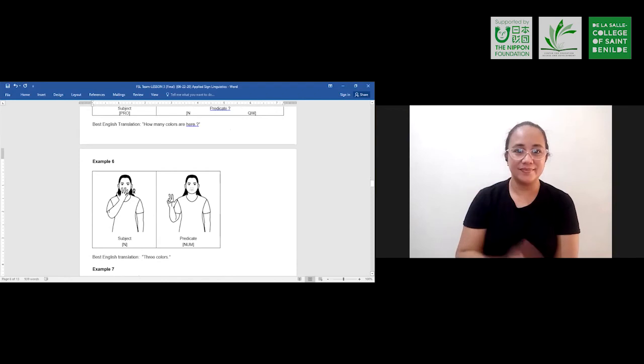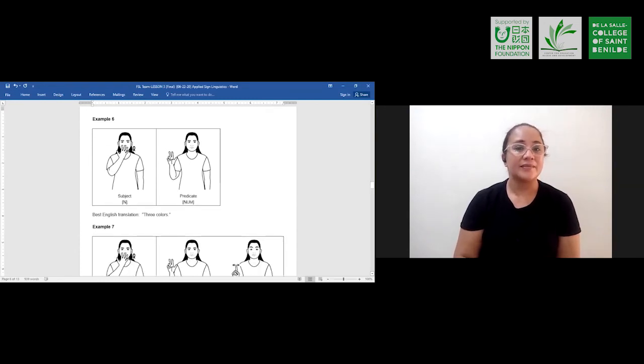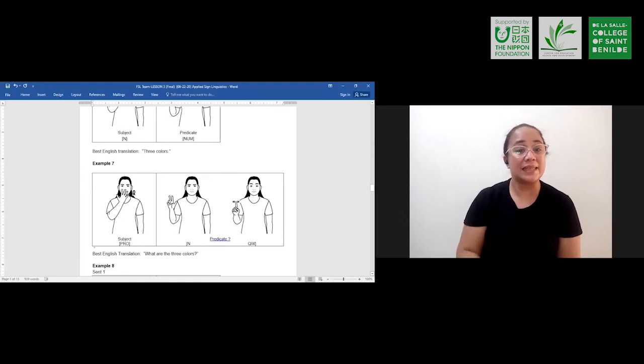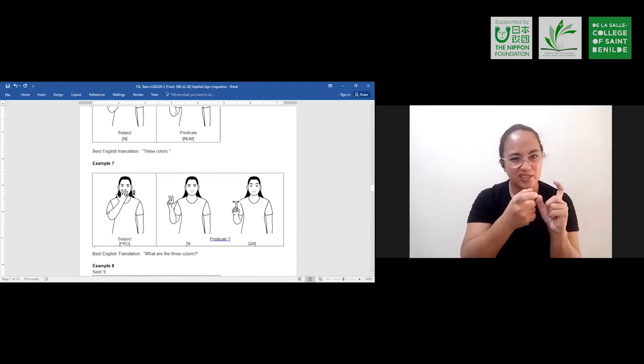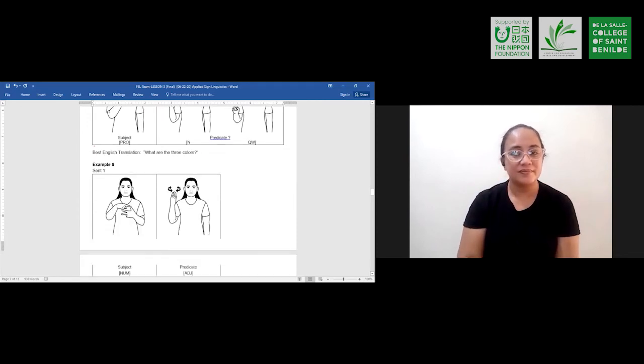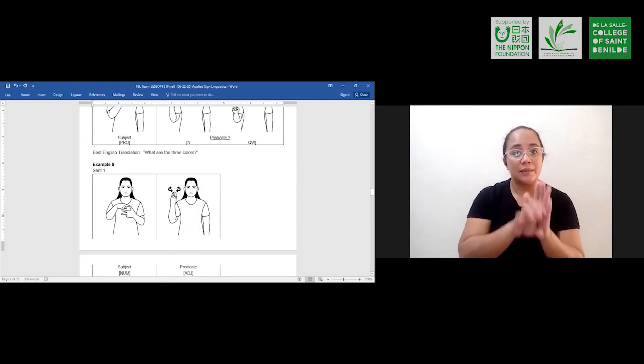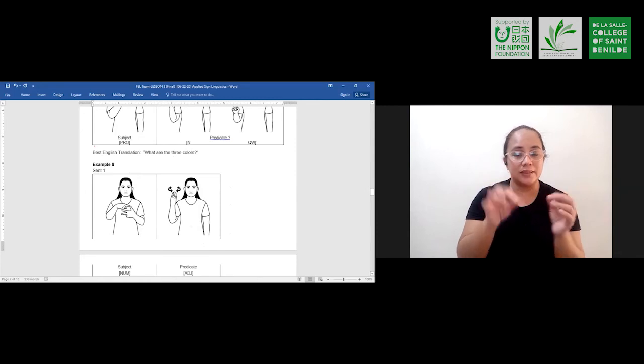The next sentence, example 6, is colors 3. And then the next example is colors 3 what? Although you need to change the grammar a little bit. And then example 8 has 3 sentences. Sentence 1, the first is blue.